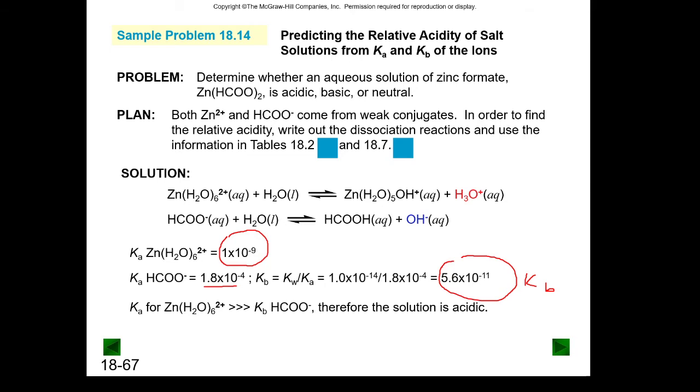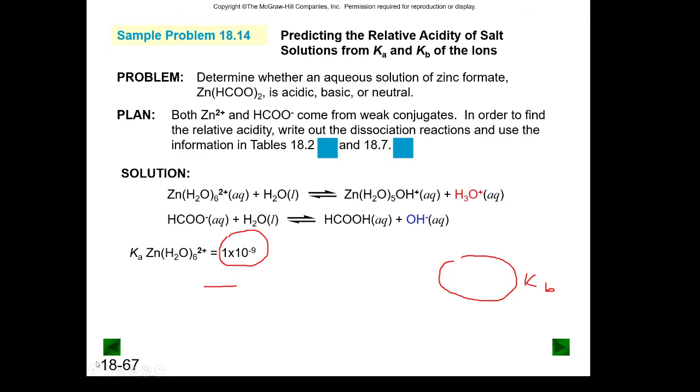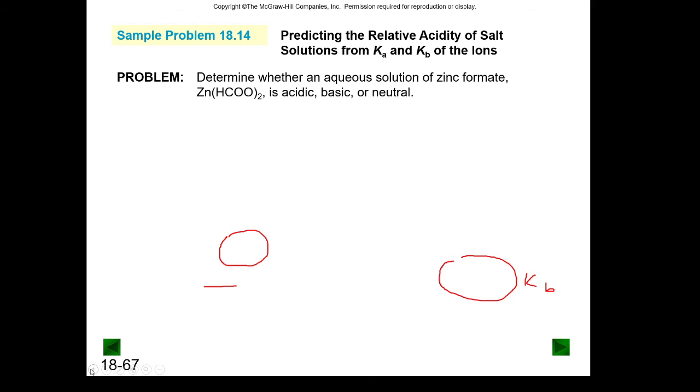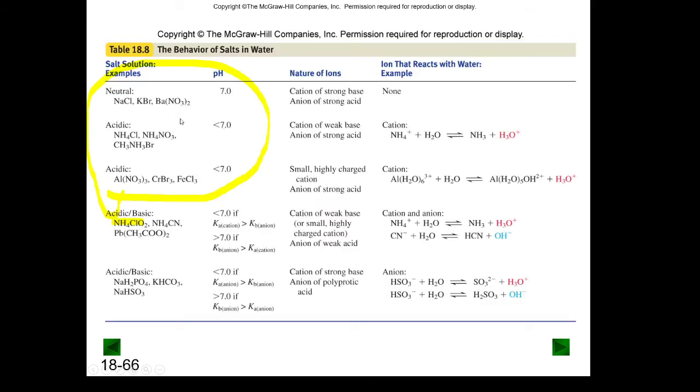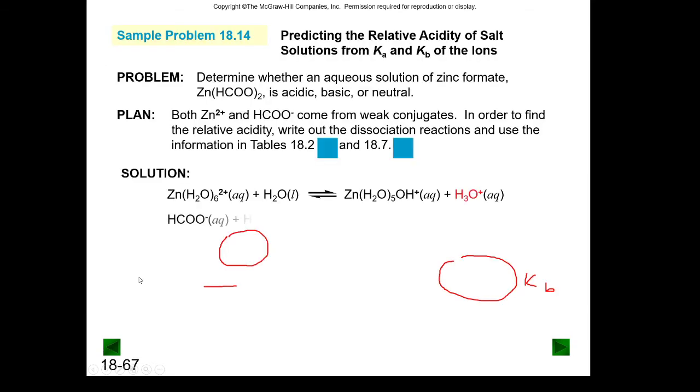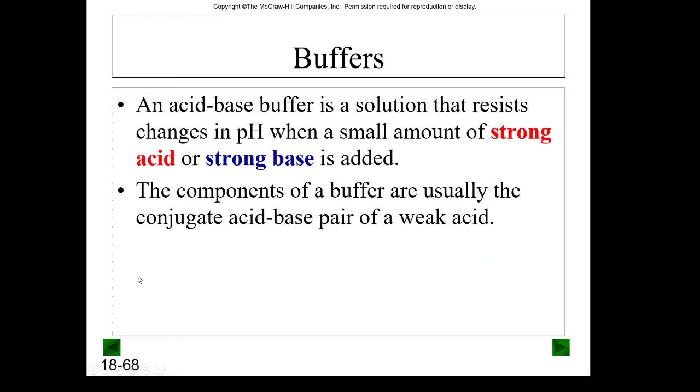The Ka is greater than the Kb, so it's acidic. Again, I'm going to focus more on this up here than this down here, but just in case you ever need to calculate it, or a bonus question pops up.